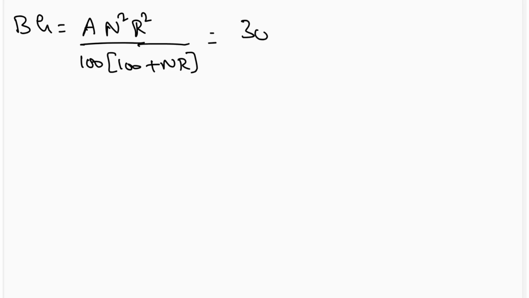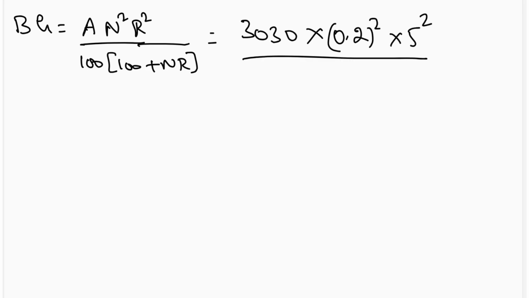So use the other formula: A into n square into r square divided by 100 into 100 plus nr. Substituting A, 3030 into 0.2 square into 5 square divided by 100 into 100 plus 0.2 into 5.